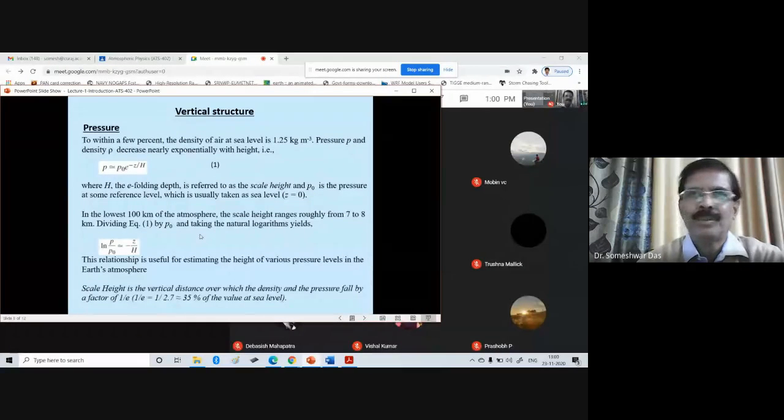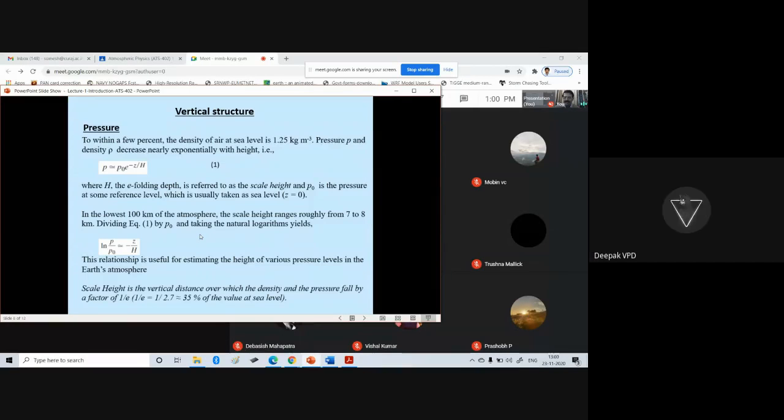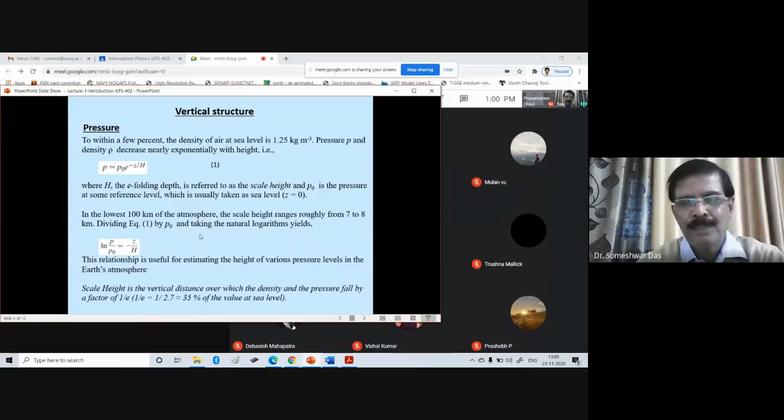What is the cruising speed of the Airbus? Sir, 800 kilometers per hour. Yeah, approximately 700 to 800 kilometers per hour. At that speed, its height is approximately 30,000 feet. That means about 10 kilometers, one third of that in kilometers, right?